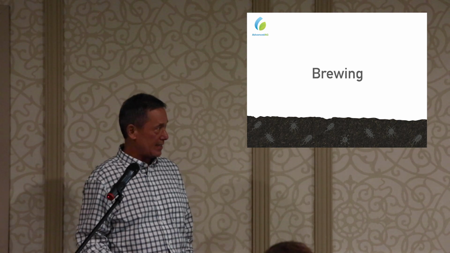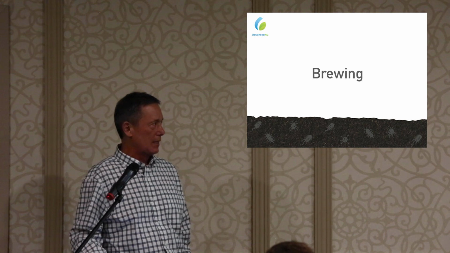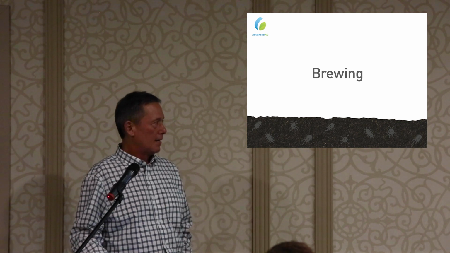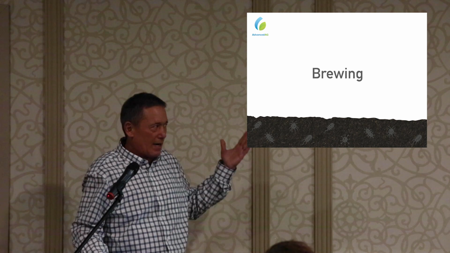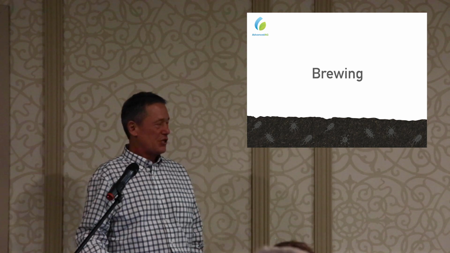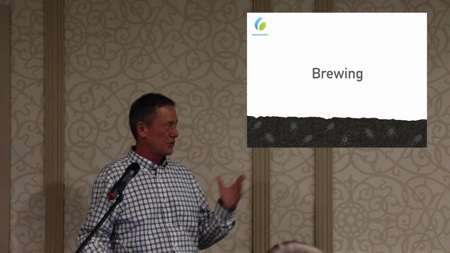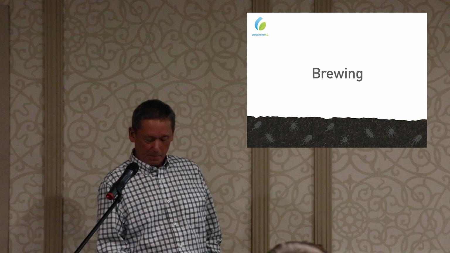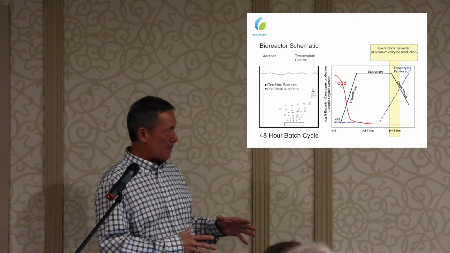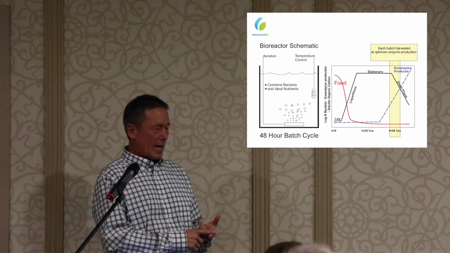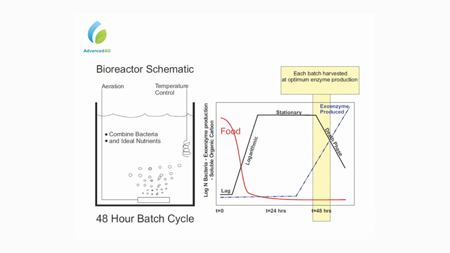Fortunately, back in the States, we like to do things sloppy and dirty. We don't have the ingenuity to set up good brew stations. We just make bacteria perform functions. But the idea, and we don't have to worry about the chart too much, is you take the right mix, a very defined mix of bacteria, nutrients, the amount of water for the concentration, aeration, temperature control, and you brew it for a period of time that forces the culture to do something in particular.